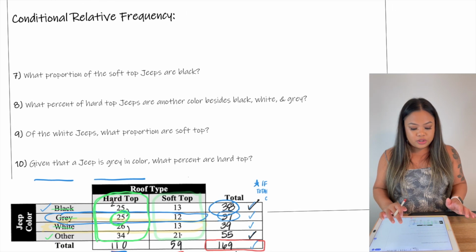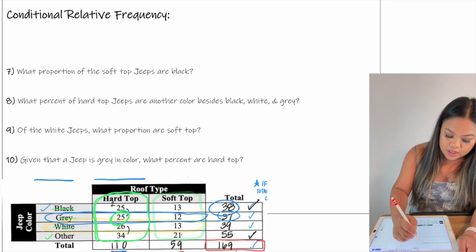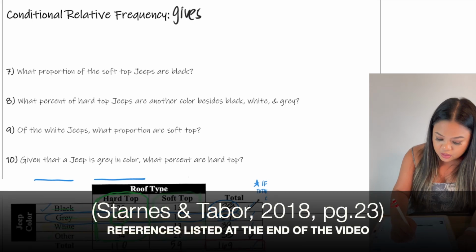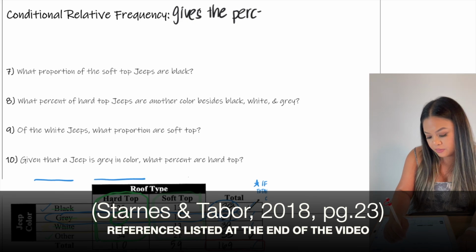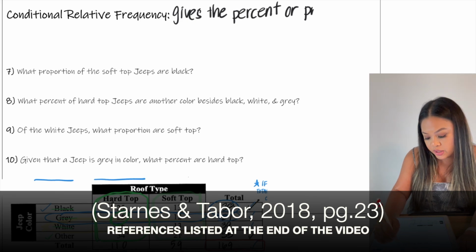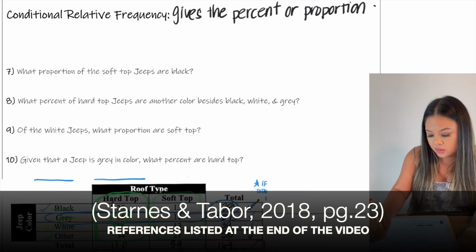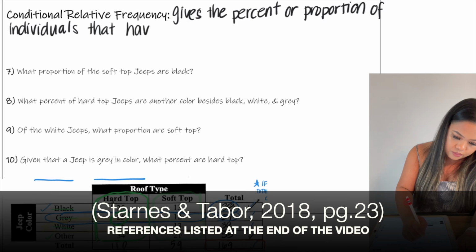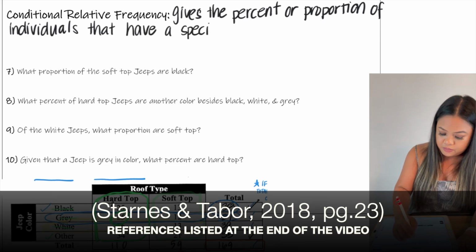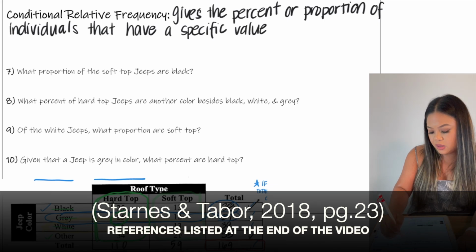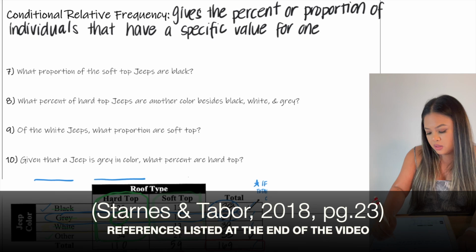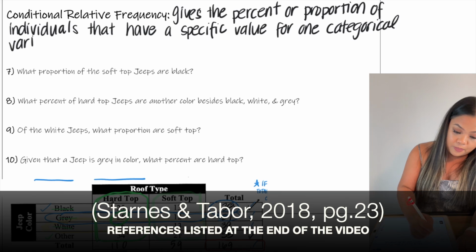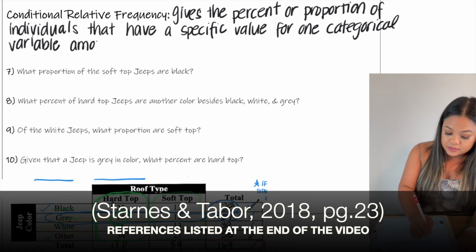Let's write the definition first for conditional relative frequency, which gives the percent or proportion of individuals that have a specific value for one categorical variable among, and that's the key word here.